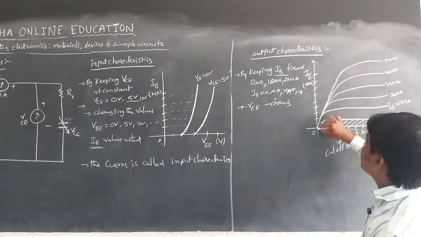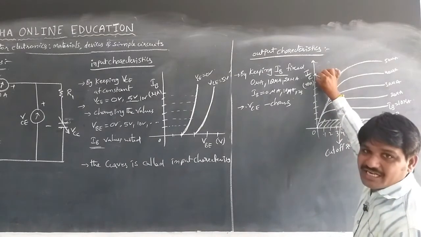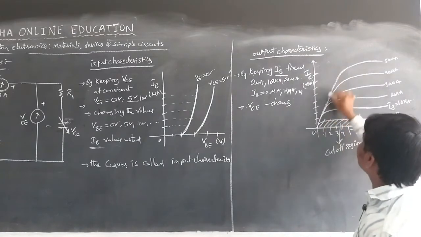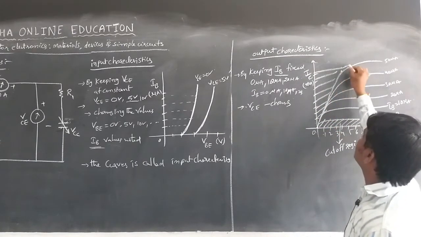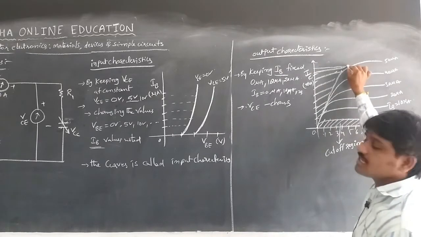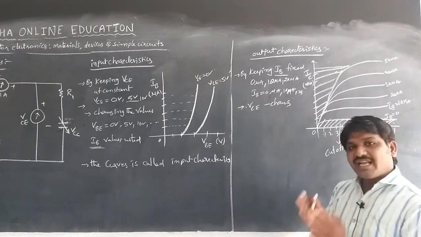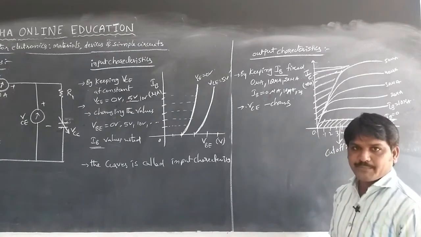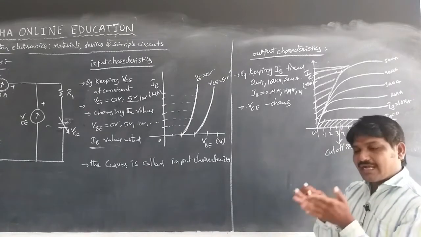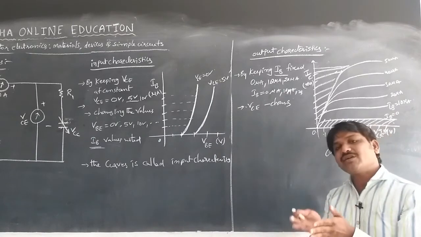Then the IC current, the collector current, can be noted. After certain values, the collector current is independent of the base current.